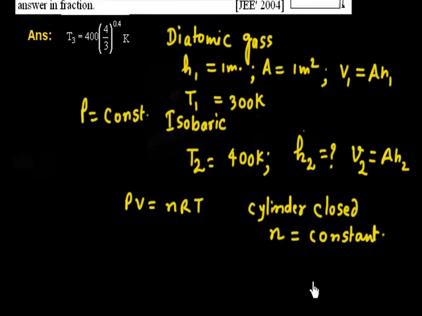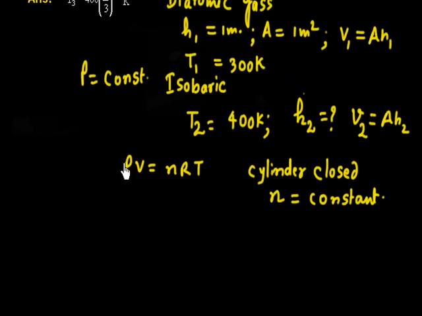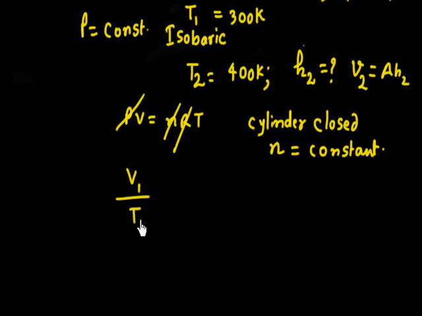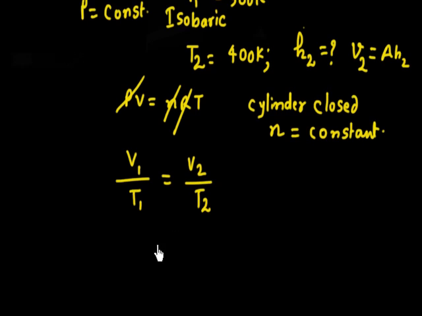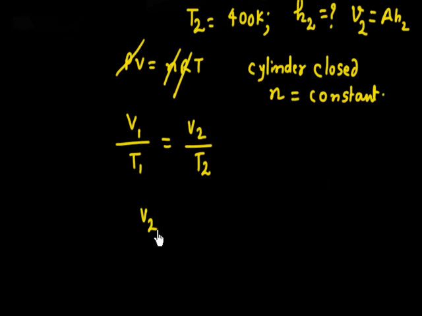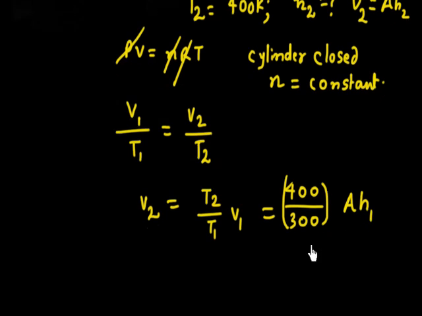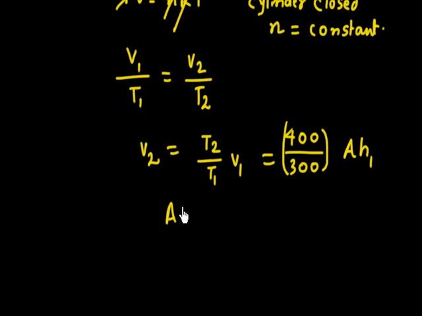Now n is constant and pressure is also constant, so this is an isobaric process. Pressure is constant, number of moles is constant, R is also constant. So now I can write V1 by T1 equals V2 by T2. From here, V2 is equal to T2 by T1 into V1. The temperature T2 is 400 Kelvin, the initial temperature is 300 Kelvin, V1 is A times H1, and V2 is A times H2.